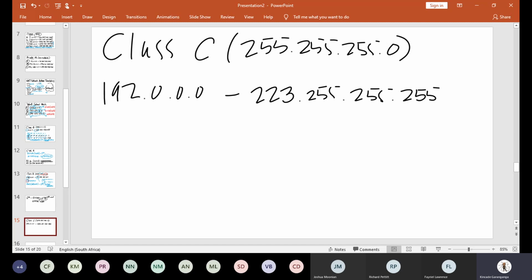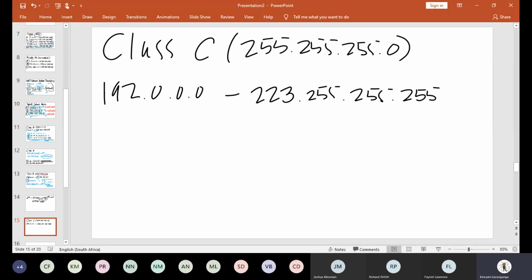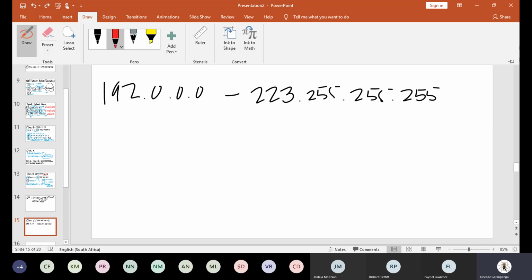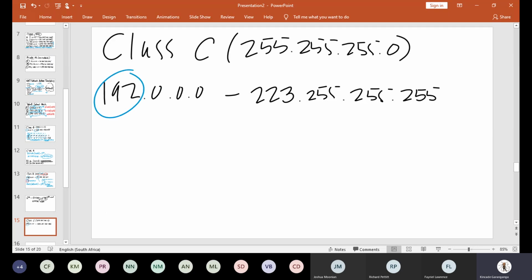So again, same thing applies. Ultimately you will look at the binary representation. Oopsie, chose the wrong pen there. So obviously you look at representation of that in binary, representation of that in binary.